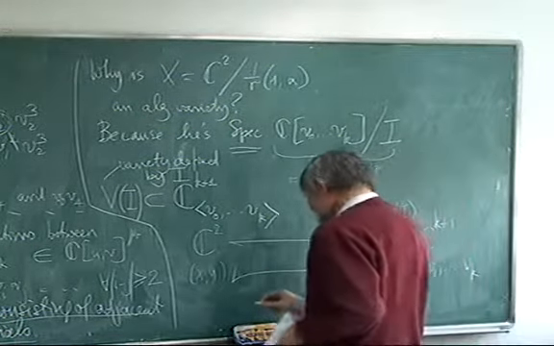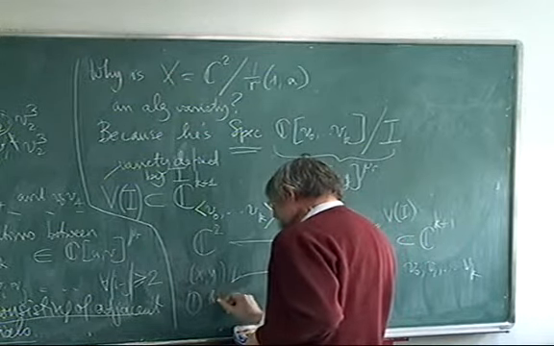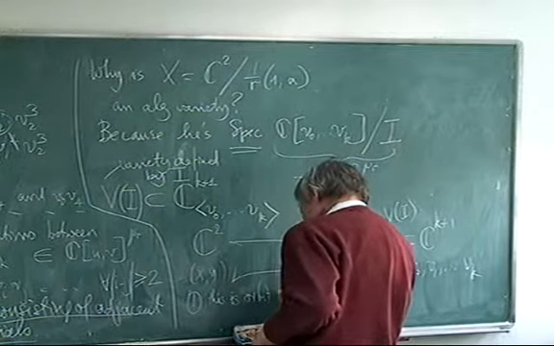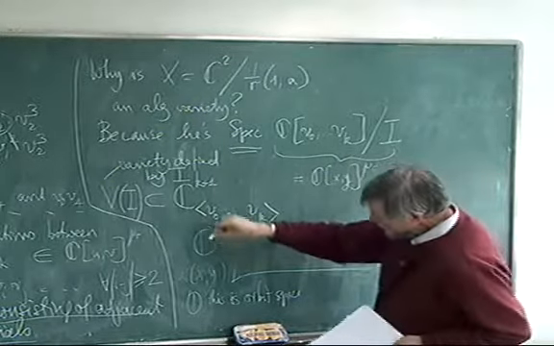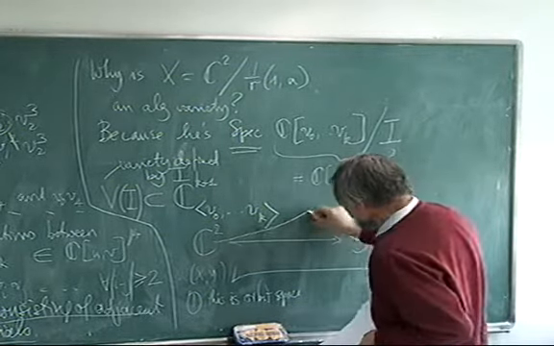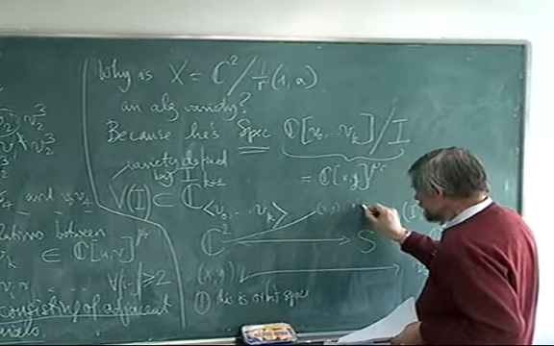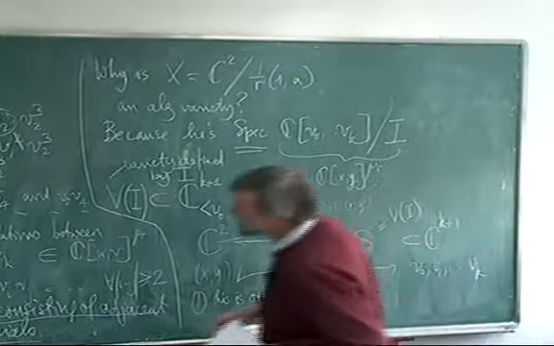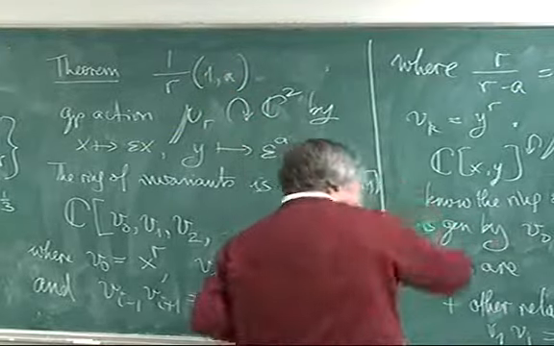Now I claim that this is the orbit space. In other words, if I've got a point (x,y) there and another point (x',y'), then they map to the same point if and only if they're in the same orbit of the group action.